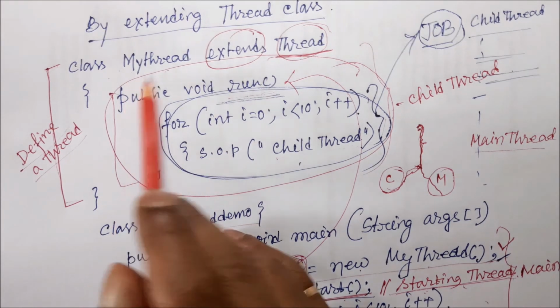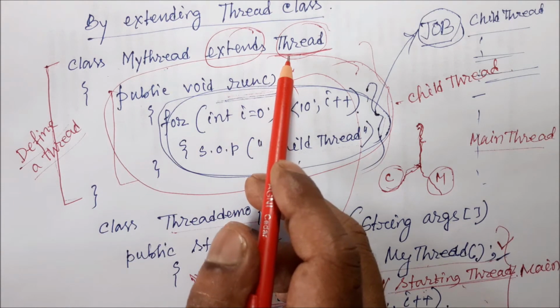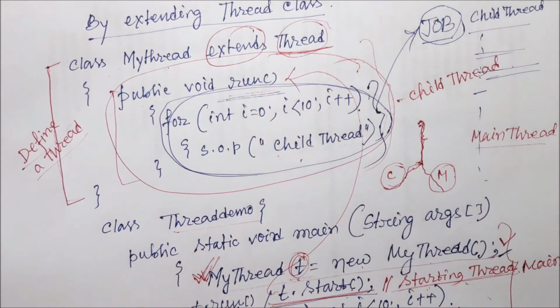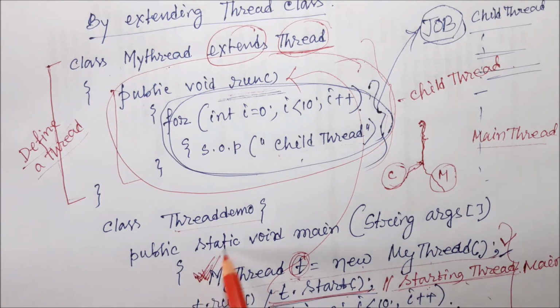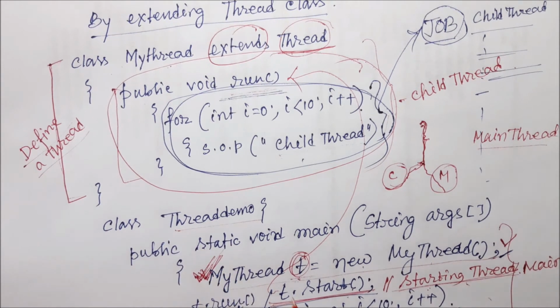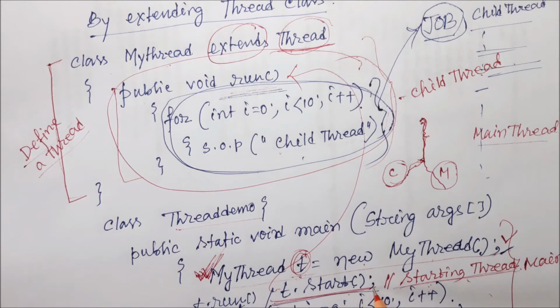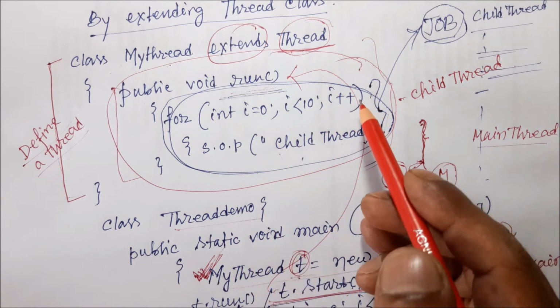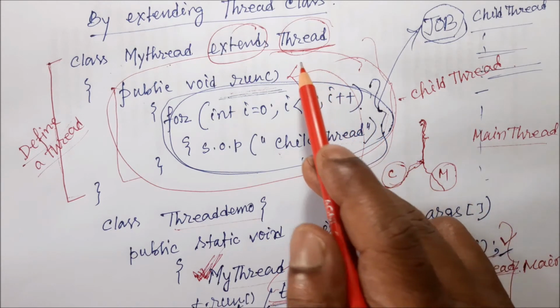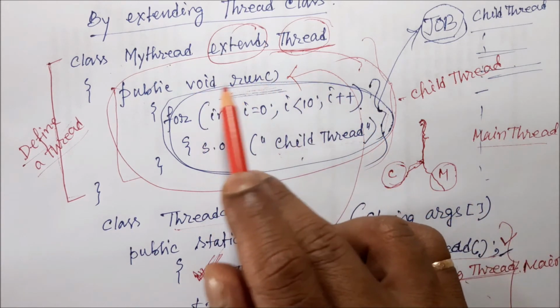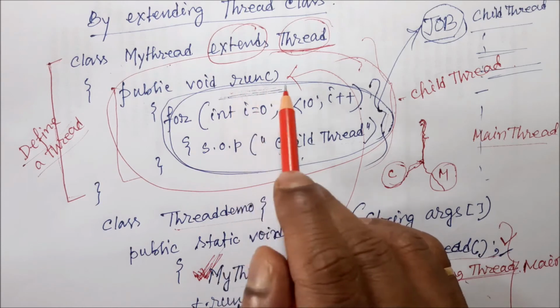When we extend the thread class, we just create the object of the class, then call objectname.start, and the start method automatically executes the new thread class run method.